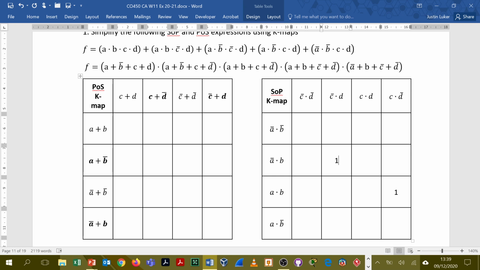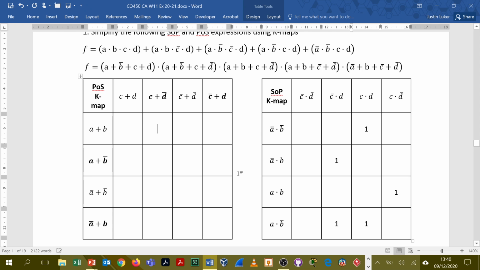Then we've got A, not B, not C, not D. Is that one. Oh, there. Okay. And then we've got A, not B, C, D. That one. And we got not A, not B, C, D. Okay, good. Right, so that's mapped.